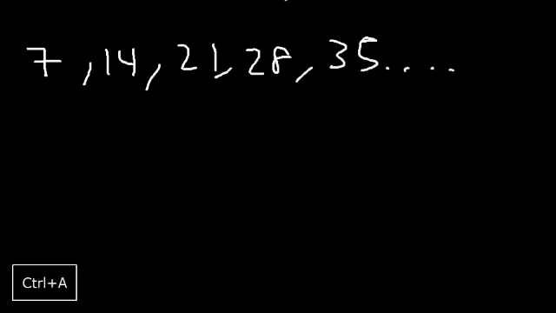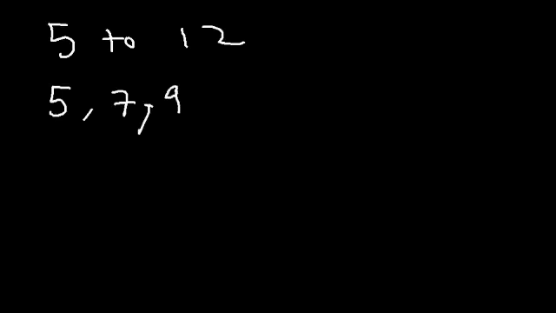Next in our list are the terms inclusive and exclusive. Let's say you want to make a list of all the consecutive odd integers between 5 and 12, inclusive. That would include 5, 7, 9, and 11.